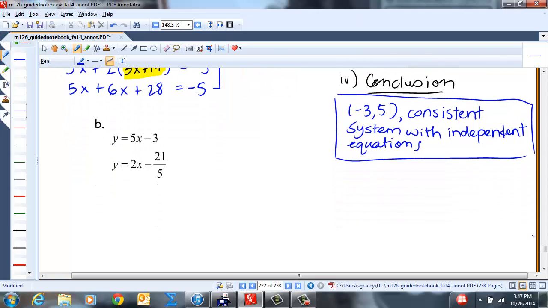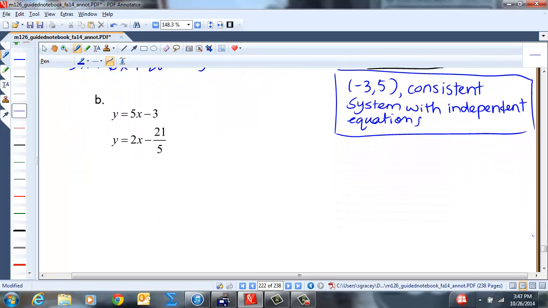Okay, so let's go on to this guy. The nice thing about this problem is y is already isolated. If we call this equation A and this equation B, it's just your choice. Basically, y is equal to each of those things. So what we can do is set A equal to B, and that's going to allow us to solve for x.